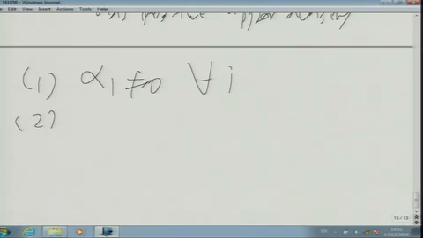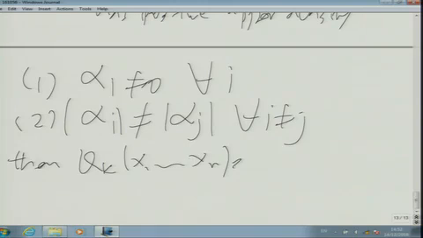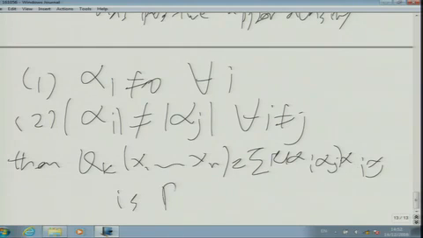And also with some restrictions, which is alpha_i isn't equal to 0 for all i, and the absolute value of alpha_i isn't equal to that of alpha_j for all i isn't equal to j. Then the quadratic form Q_K(x1 to xn), which is the summation of K(alpha_i alpha_j) x_i x_j, is positive definite. And this is a variant of the main result that I have also proved.